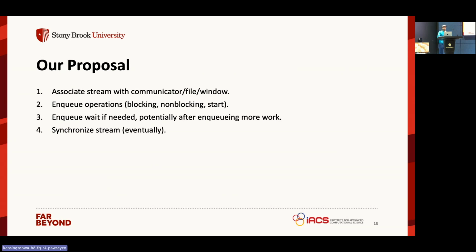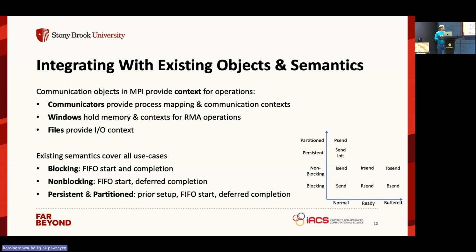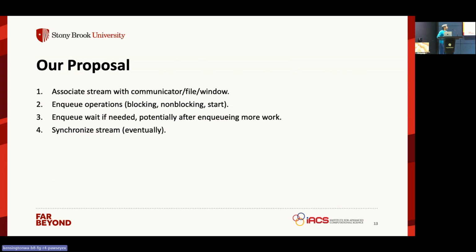What we realized is that stream integration is basically a non-blocking operation, right? You start an operation at a deferred time with well-defined semantics. So it starts once the queue or the stream reaches that point. We associate streams with communicators, files, and windows.